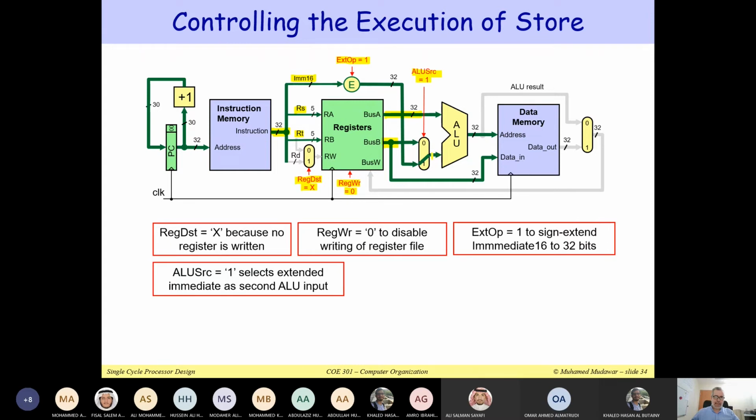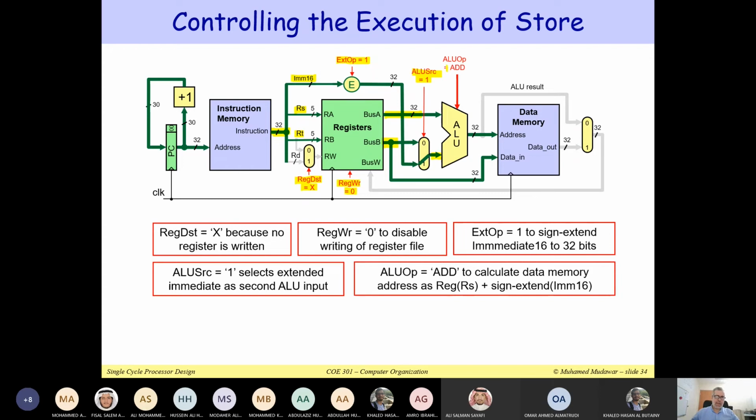That will be my second ALU input, the immediate, not the value on bus B, because we are using the ALU for address calculation. So we simply do an addition. Notice that the ALU operation is add. We always add in the case of a load or a store instruction, and we get the memory address at the output of the ALU.